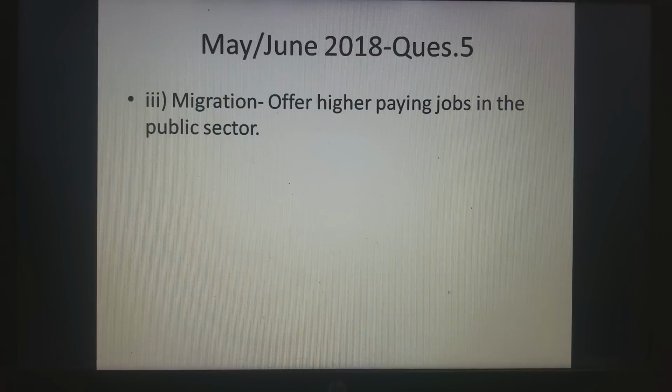The other matter of concern is migration. What could the government do? The government could offer higher paying jobs in the public sector, so it is more attractive for people to want to work in the country, and they will not be willing to leave for what they refer to as greener pastures or better employment.